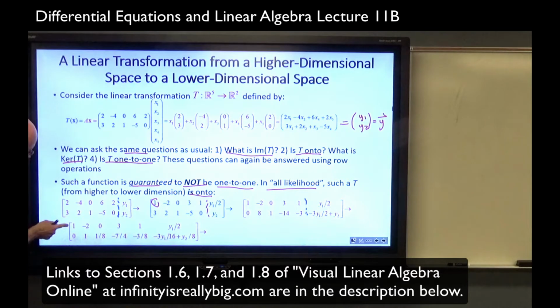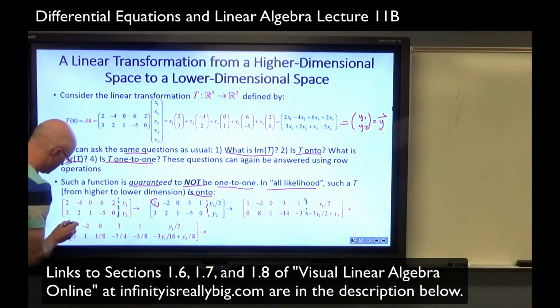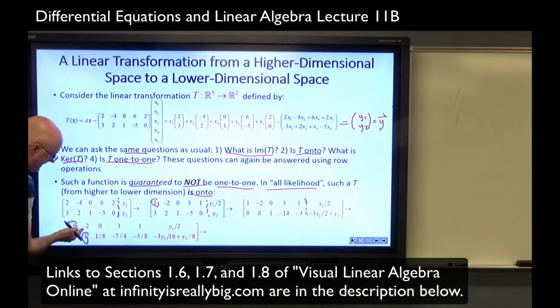There are no numbers above this leading one, this pivot position, but there is a non-zero number above this leading one in this pivot position, this negative 2 there. So I want to get rid of that negative 2 by multiplying row 2 by 2, adding it to row 1 and putting the answer in row 1.